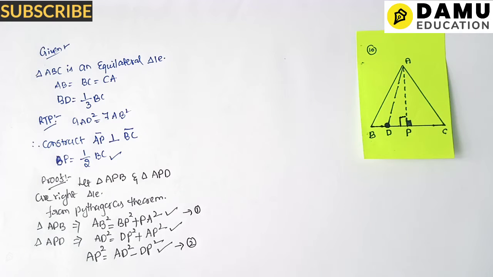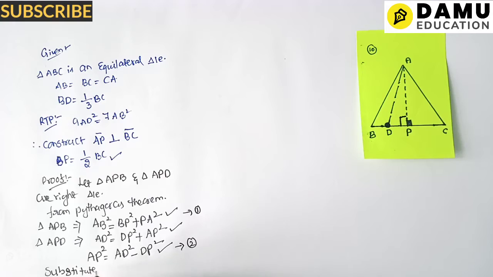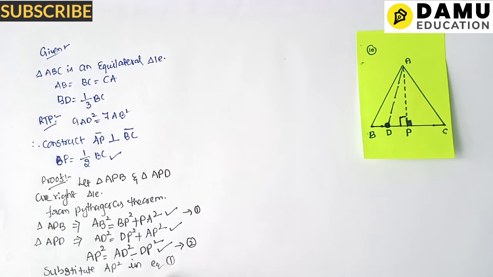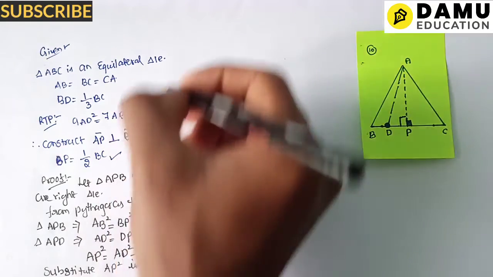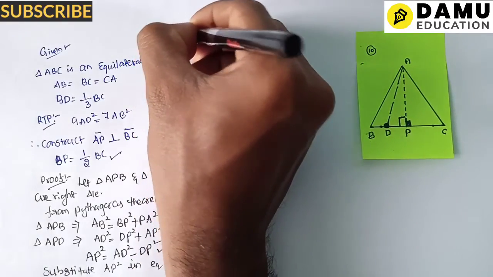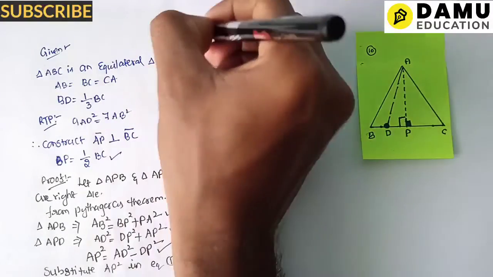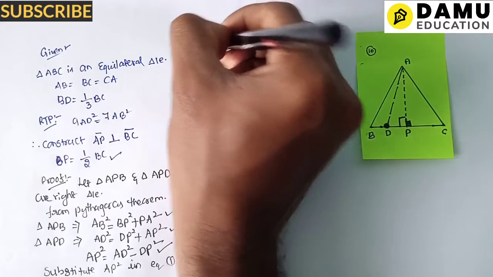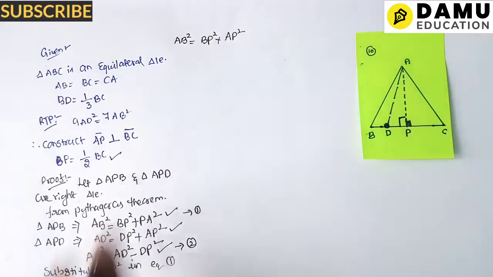Let's consider all these conditions. So substitute AP square in equation 1. What is equation 1 here? AB square will be equal to BP square plus AP square or PA square, anything you can write.